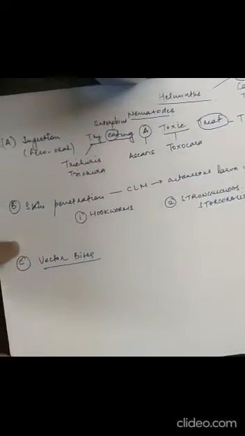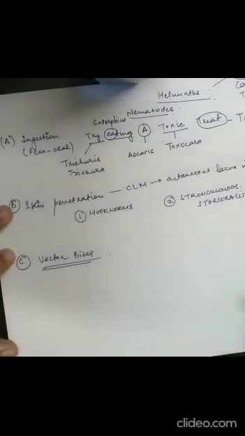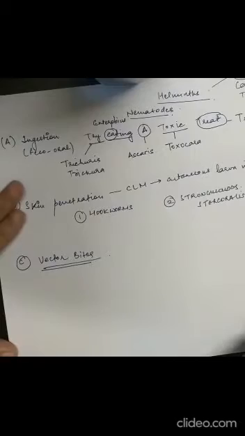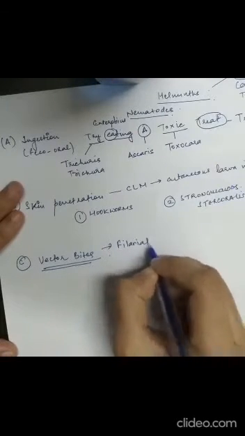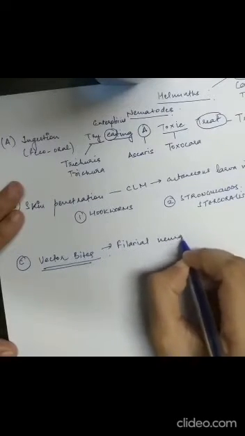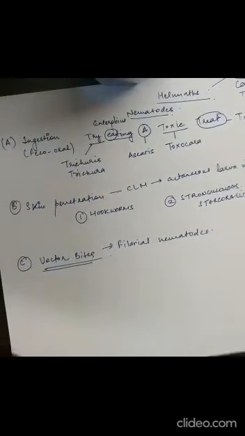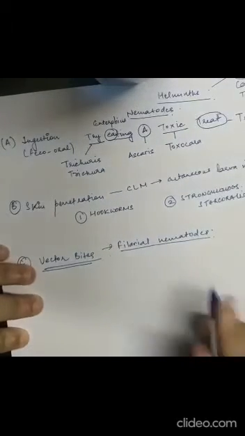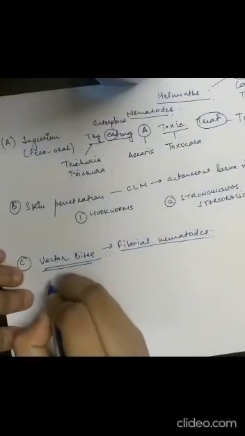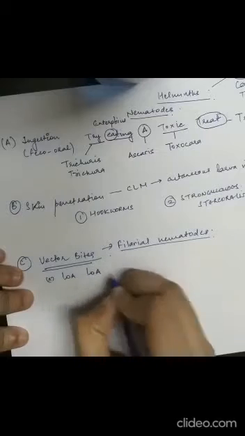Okay, and last comes the vector bites. It is easy to memorize these. One section of nematodes are called filarial nematodes. And there are 3 filarial nematodes. First is Loa loa, which causes loiasis.